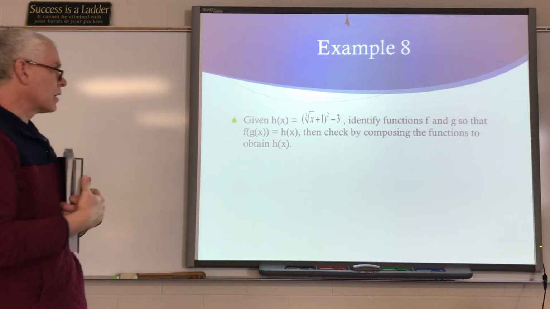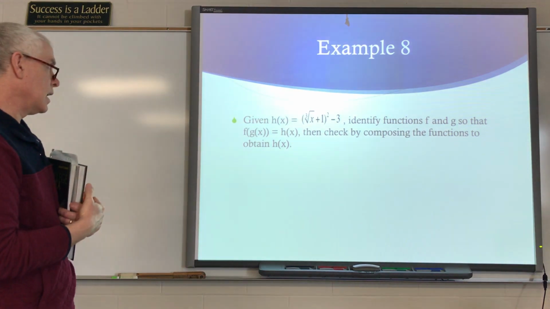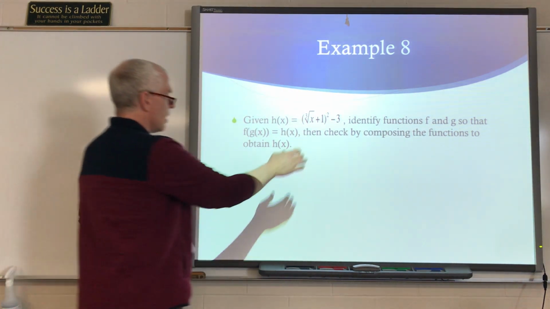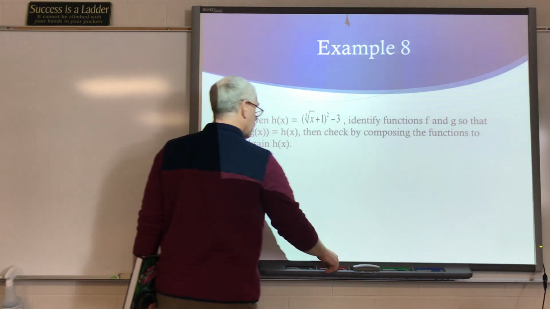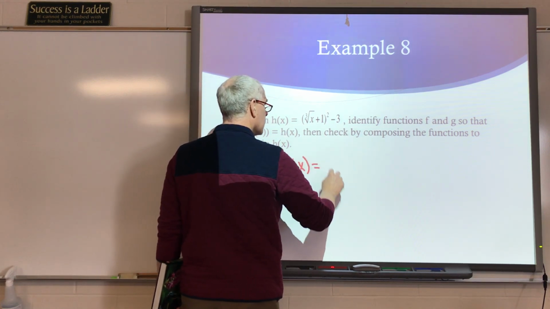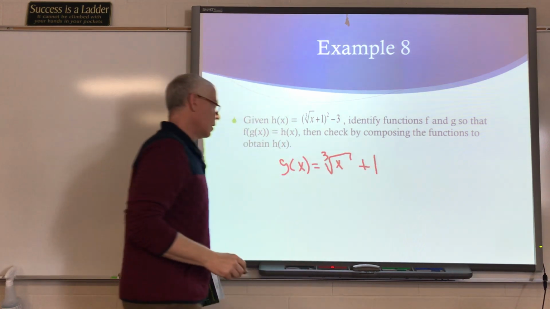Okay, so now given a function, could we identify an f and a g that would make that h of x work? Typically what I do for this one is I say, okay, I've got something quantity squared. So if I let g of x be what's underneath that, okay?